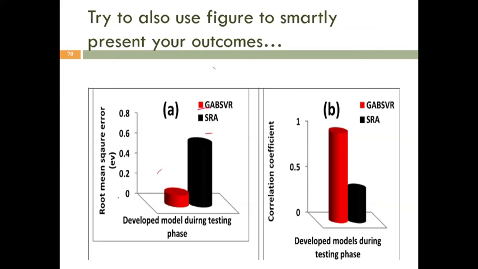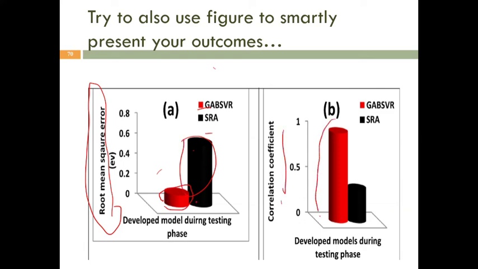This is root mean square error. The best method is getting a very low root mean square error, while this one is higher. But when it comes to correlation coefficient, the best method is getting the highest correlation coefficient, and this one is getting a lower one. See, this is the advantage of this kind of visualization.